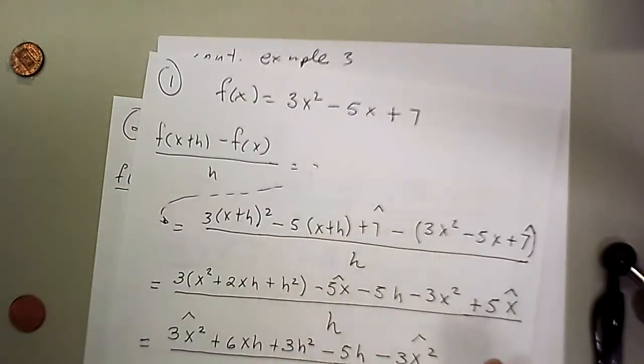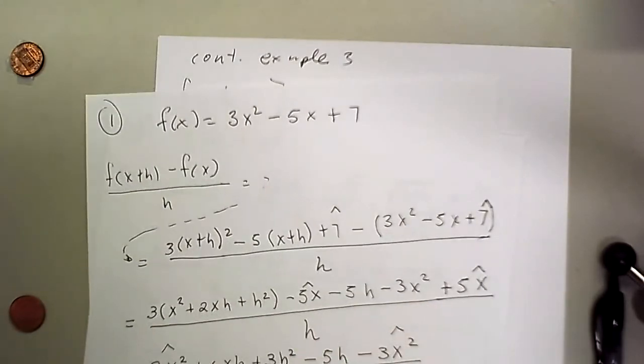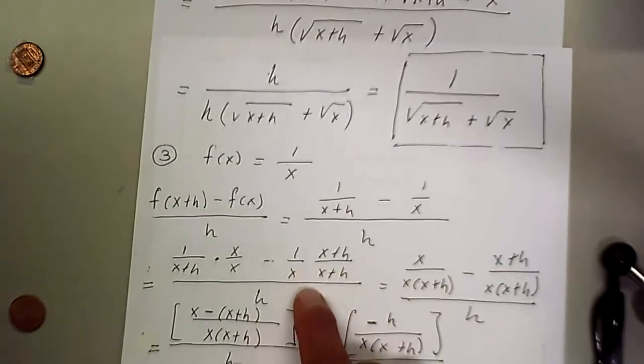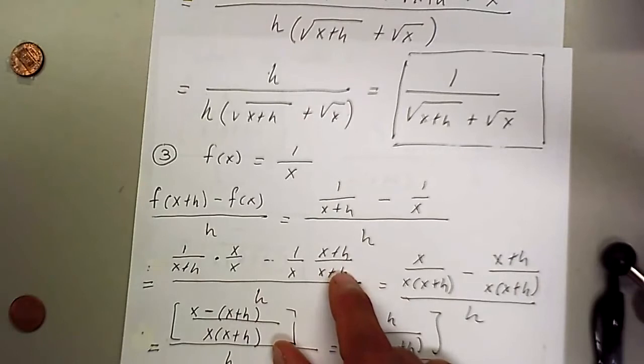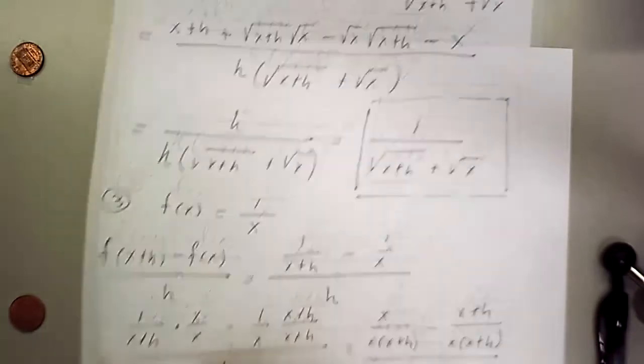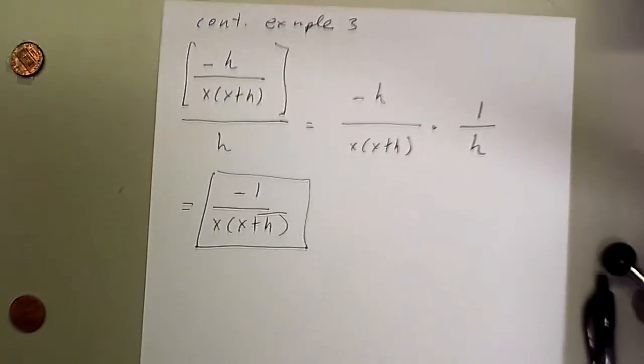We just expanded the polynomials and simplified as we went along. Versus this one, there was no expansion of polynomials here. There was no multiplication of conjugate. What we did was simplify the fractions. All right, so we got to be careful with the different kind of examples we have at hand.